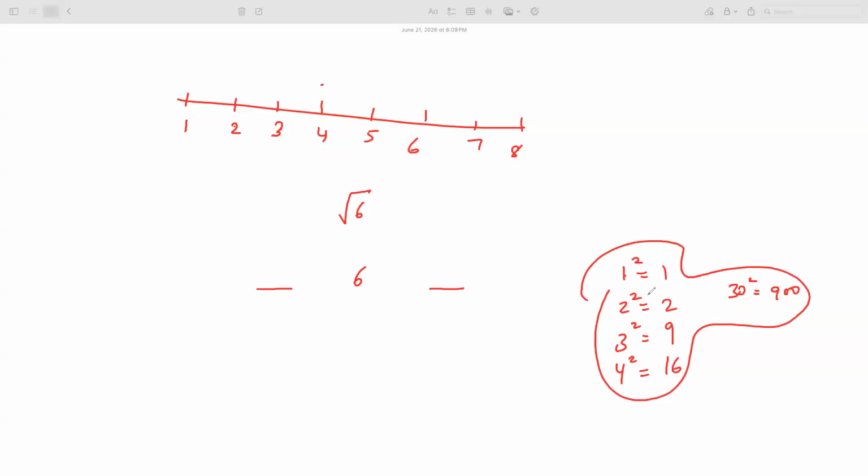I really want you guys to memorize this completely. Kanishka, did you do your homework? I am really bothered, guys. Kanishka, did you memorize? Not really.